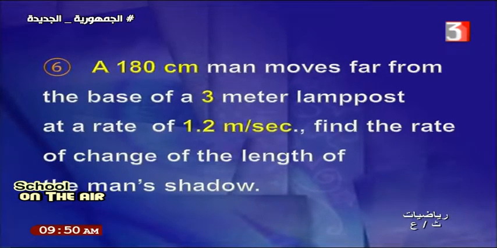Number 6. A 180 centimeter man moves away from the base of a 3-meter lamppost at a rate of 1.2 meters per second. Find the rate of change of the length of the man's shadow.